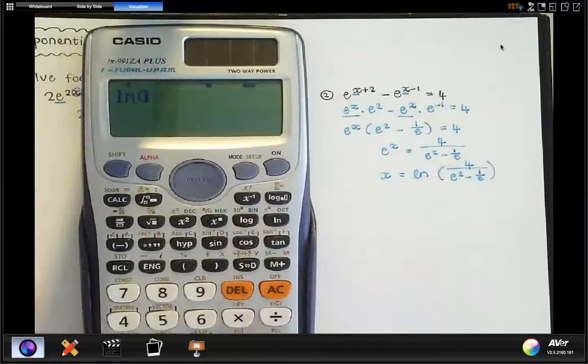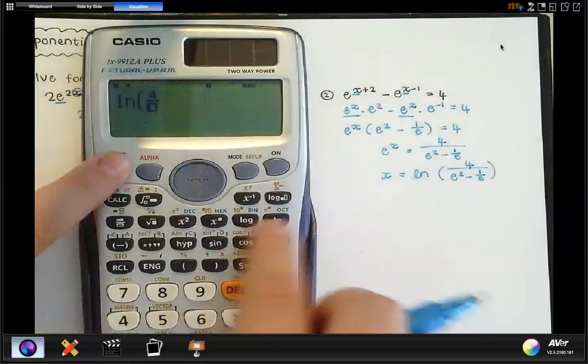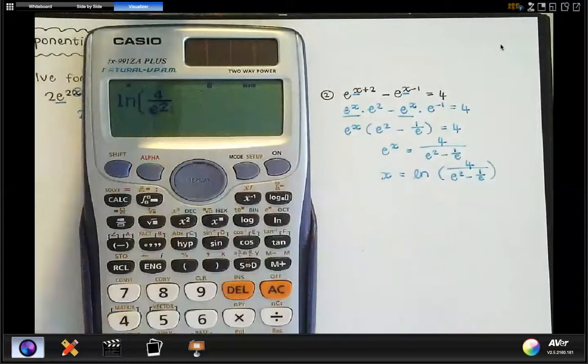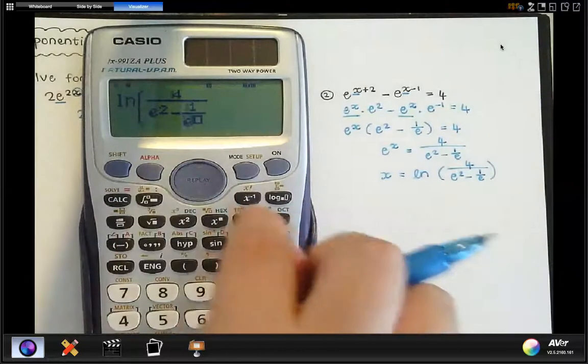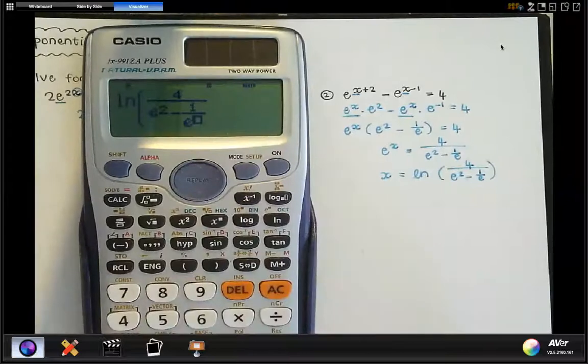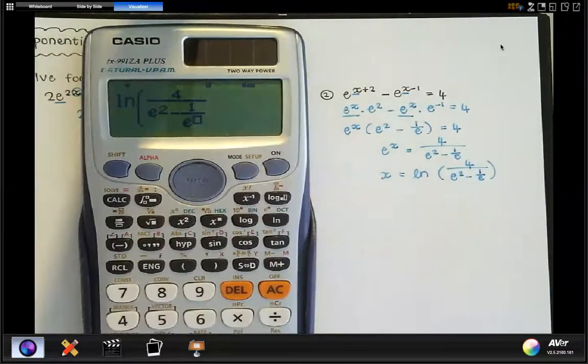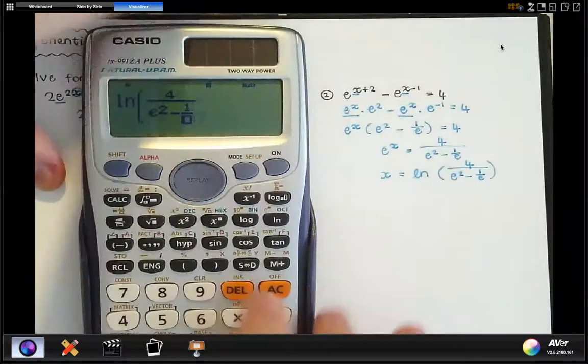So ln of, let's do our whole big fraction thing, 4 over e squared minus 1 over e. Let's see, isn't there just a normal e that doesn't have an exponent? Yes, actually, there at the bottom. Just delete that.